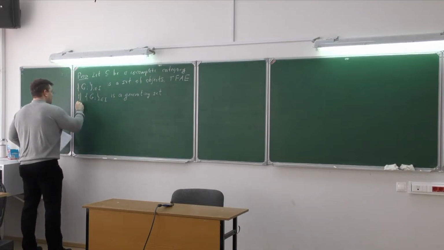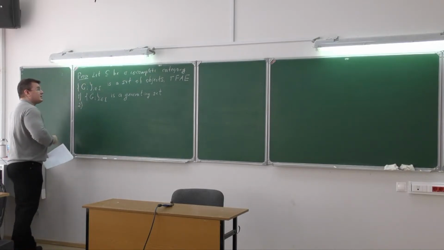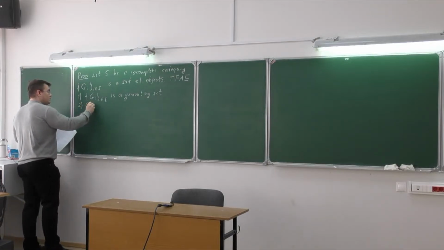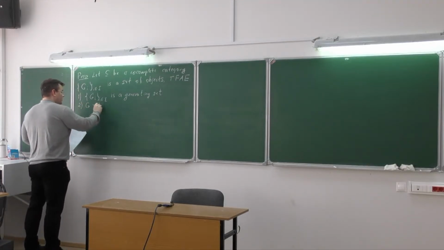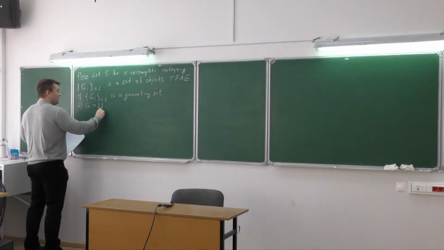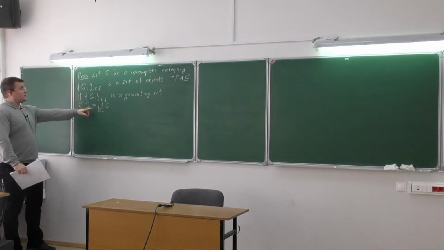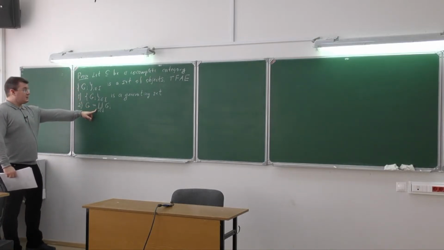So second, well, since the category is co-complete, we can introduce a new object G, which is just the co-product of all the objects that we have in this set. Since this is a set, this is a small co-limit, so it exists in this category.